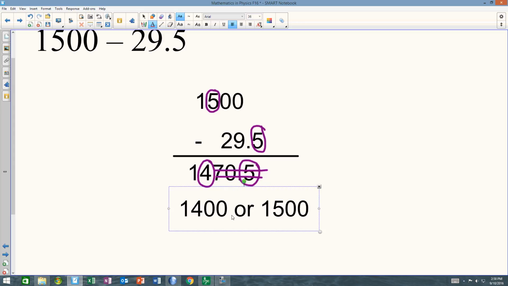Now, I will say this. In the real world, when you're making measurements, you're never going to be measuring something with that type of precision. You're always going to have 2 or 3 digits after the decimal place because we can measure very precisely. So in the grand scheme of things, you're probably never going to have a measurement like 1,500 where you have to guess the 5.